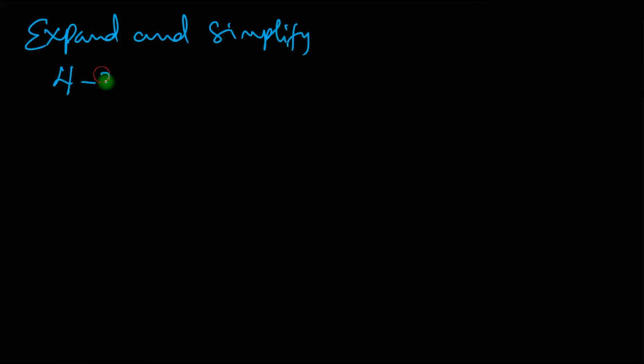We can try one more example. We expand and simplify (4 minus 2x) multiplied by (1/2 minus x). In this case, we have the first element in the first bracket, that is 4.